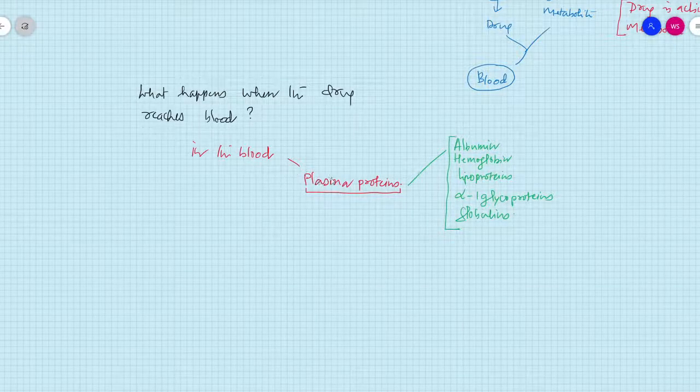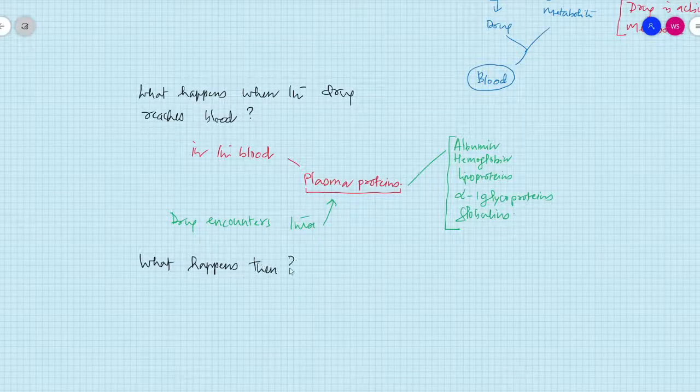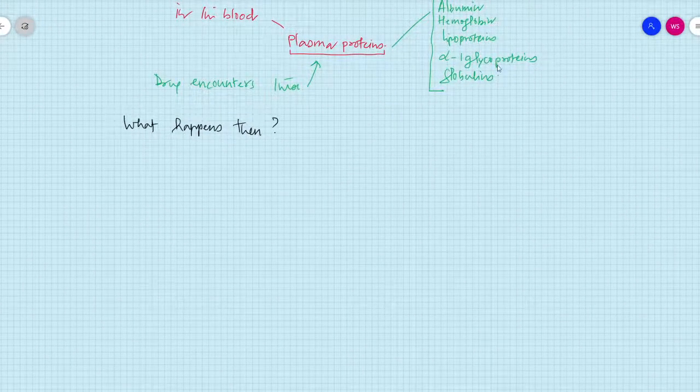So in the blood there are plasma proteins, and the drug encounters these plasma proteins. What happens then? The drug encounters plasma proteins.